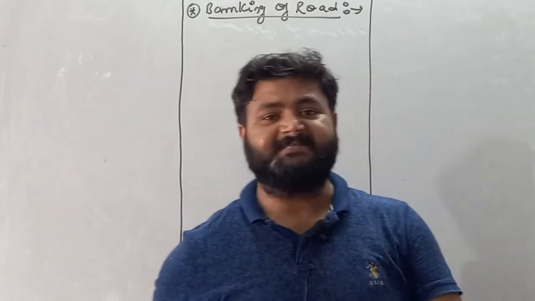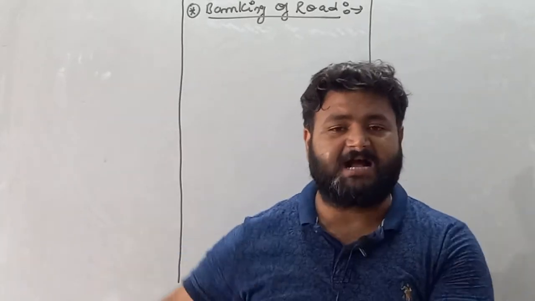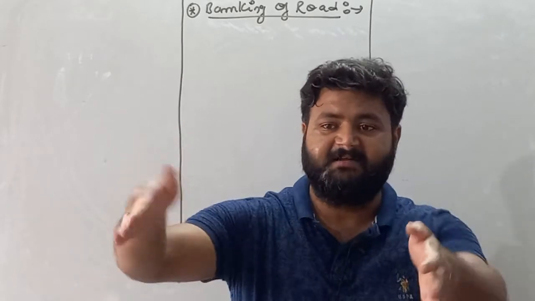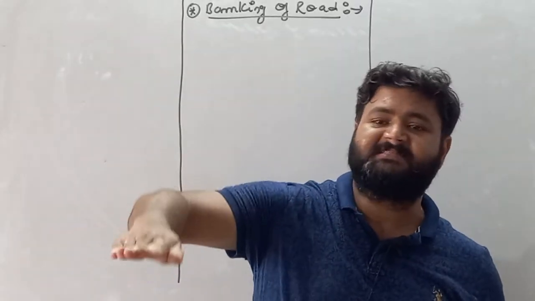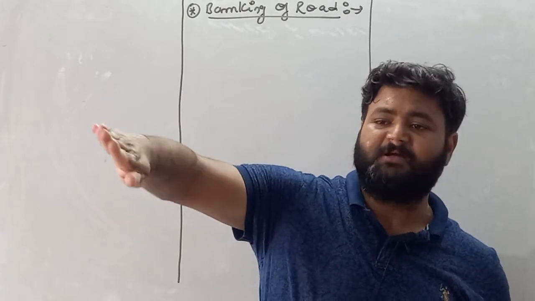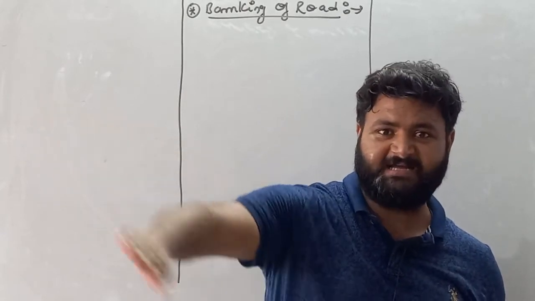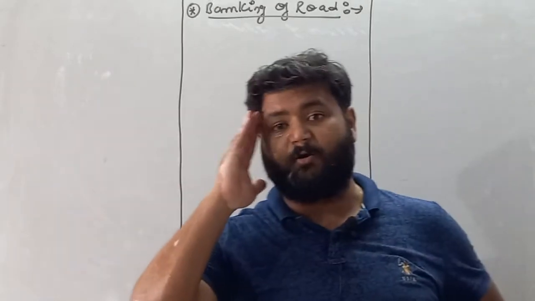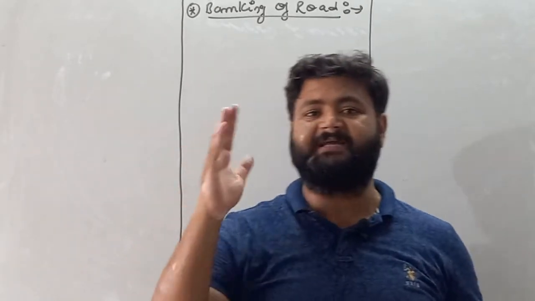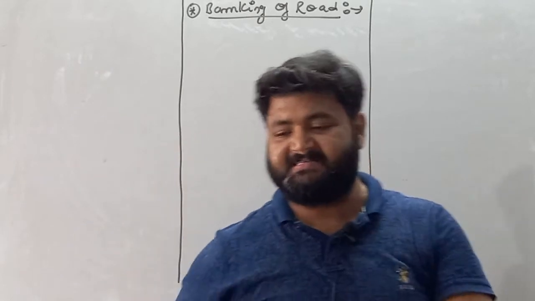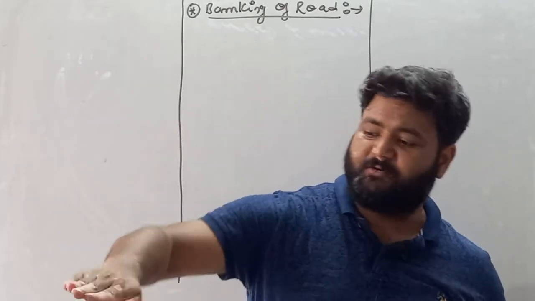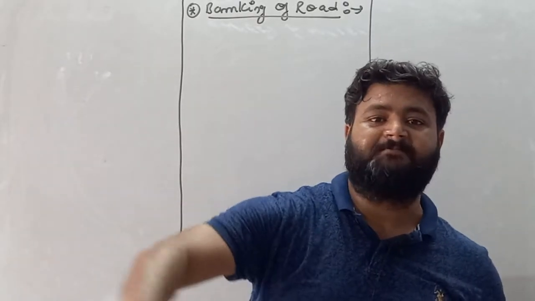In some places, if turns are very sharp, my dear student, in that turn one end of the turn is lifted. It will look like this. If you observe carefully, you will see that in a sharp turn the road is lifted from one side.